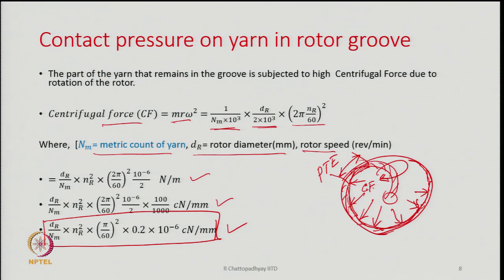But close to the yarn formation point, the yarn mass and the fiber mass are practically the same, and therefore the fiber mass has been replaced by the yarn mass.